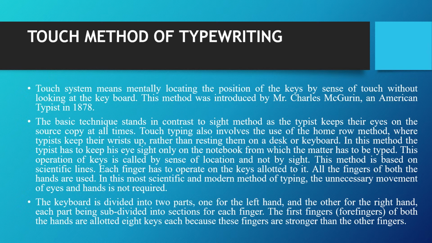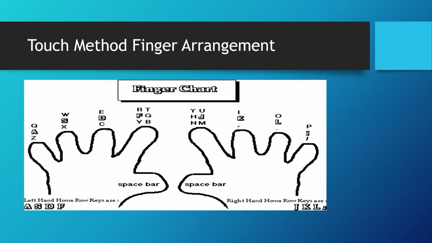The first finger of both hands is allocated 8 keys. Which are the 8 keys? We will discuss later on. Now see the arrangement. Left hand first key is A. It means the smallest finger will be on the A. Next is S. Next is D. Next is F. The home row is the center row.